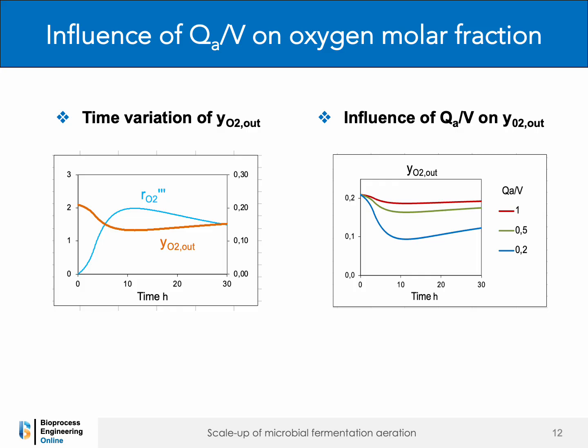Reducing the volumetric airflow rate leads to a lower oxygen partial pressure in the outlet gas. The decrease in YO2 out is relatively modest when Qa over V is reduced from 1 to 0.5, but becomes much more pronounced when the airflow rate is further lowered to 0.2, reflecting a progressively tighter balance between oxygen supply and cellular oxygen demand.